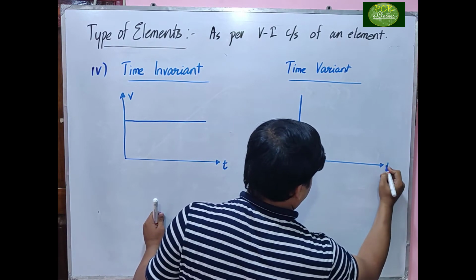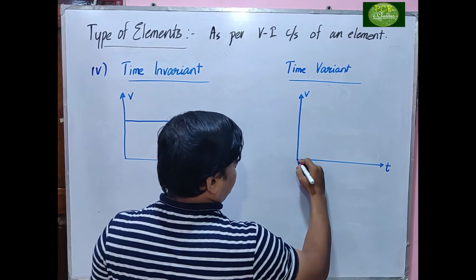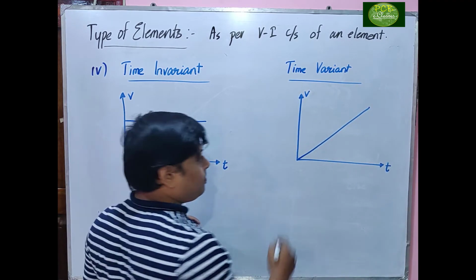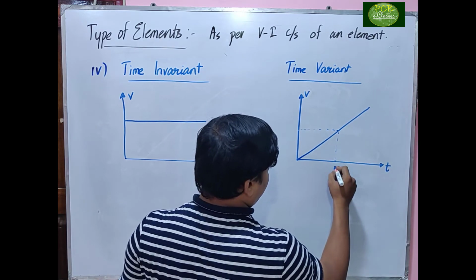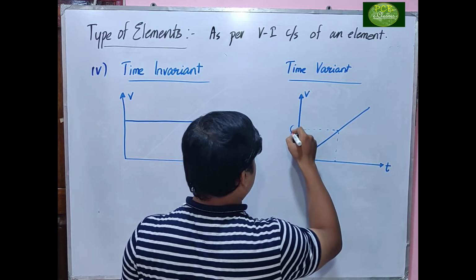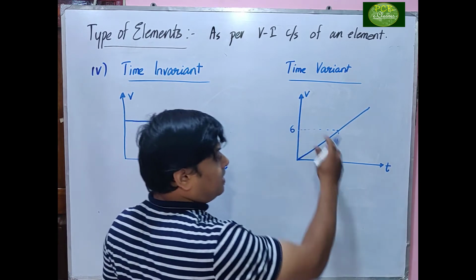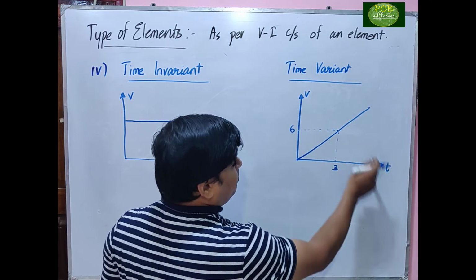Time variant. Suppose we have taken t and this is the signal V, and this is a characteristic. That means V is dependent on time.